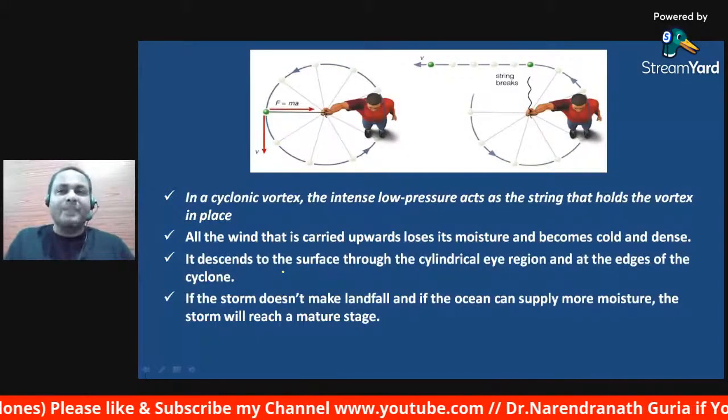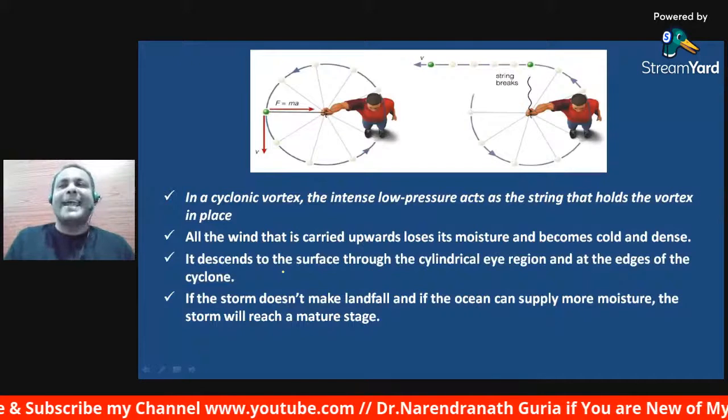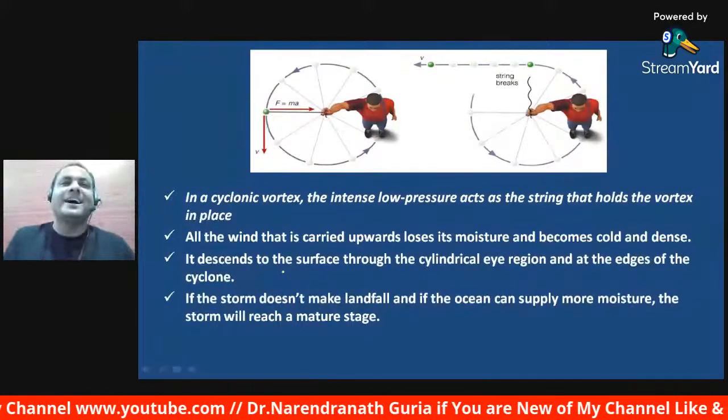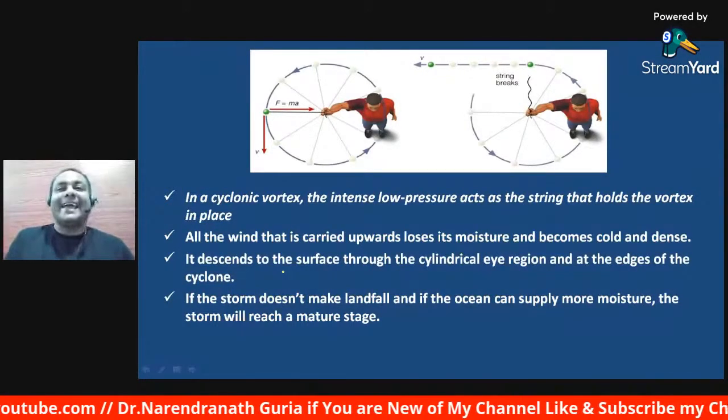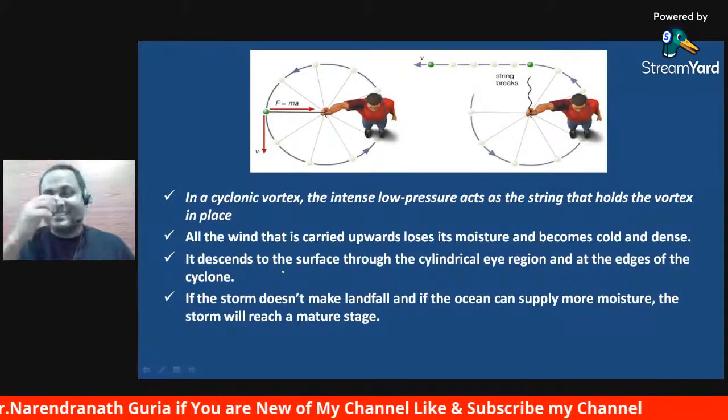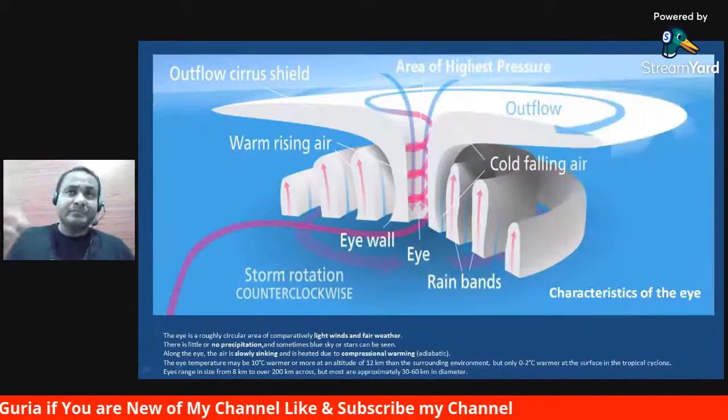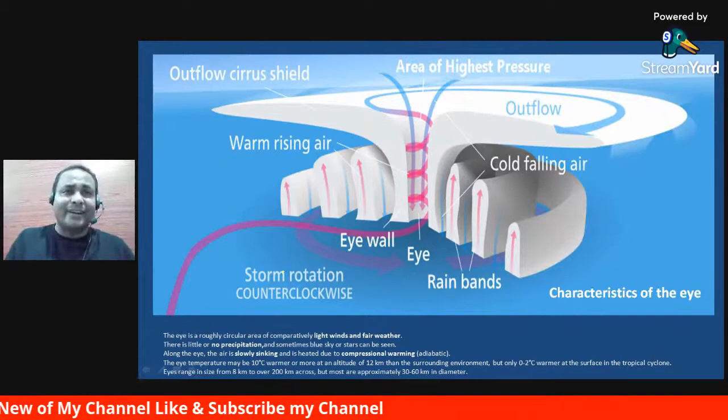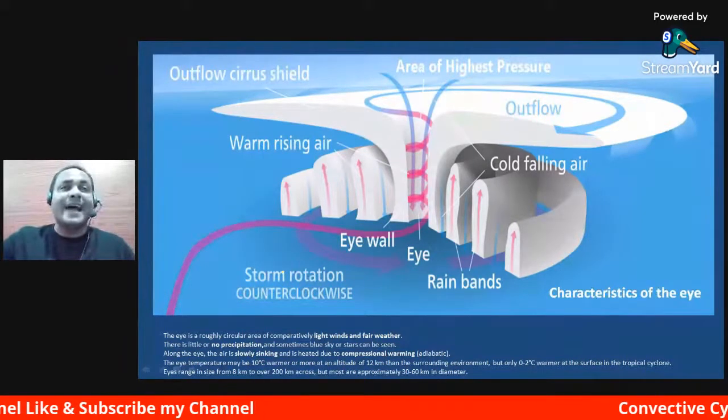And if the storm does not make landfall and the ocean can supply more moisture, the storm will reach a mature stage. Very interesting. In this slide, carefully watch, there is the eye.